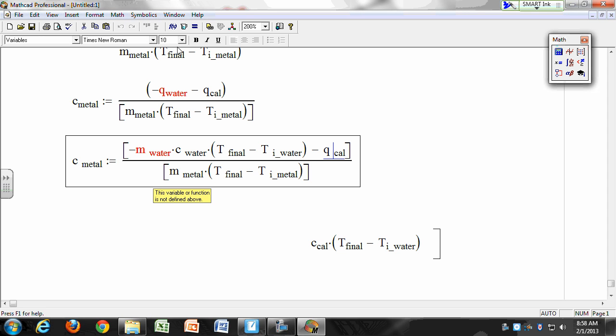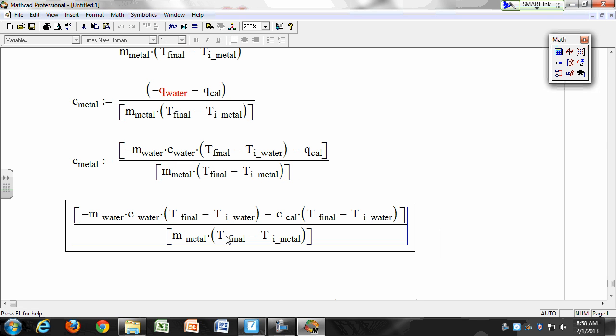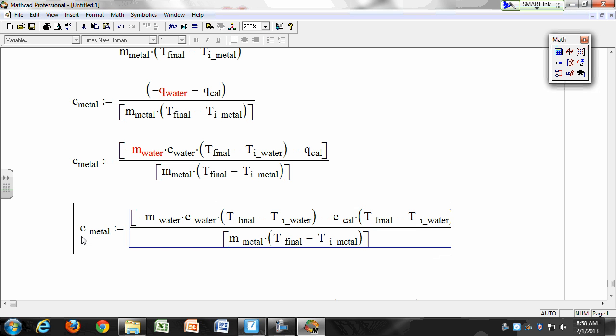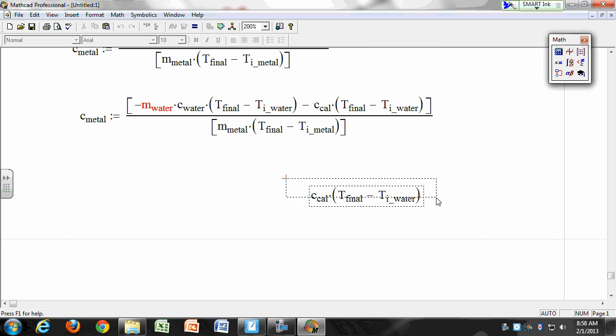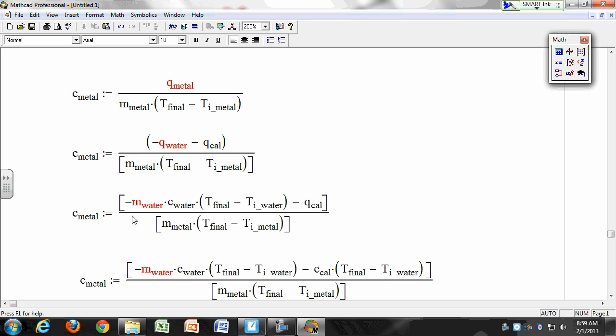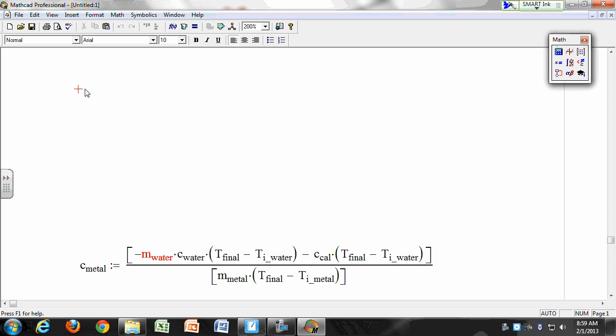So I'm going to click on Q cal here, symbolic variable substitute, and there's my final equation. C metal equals that final equation. So there's my final equation right there. Get rid of the derivation there.